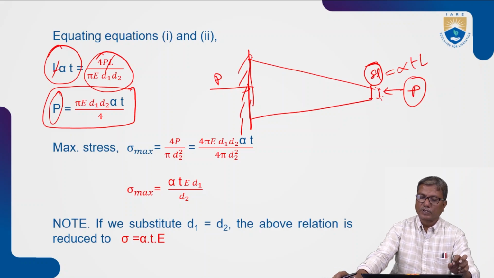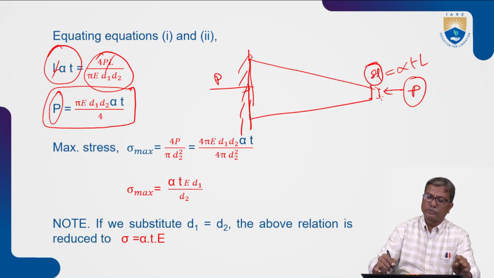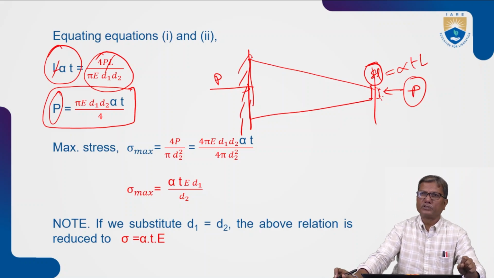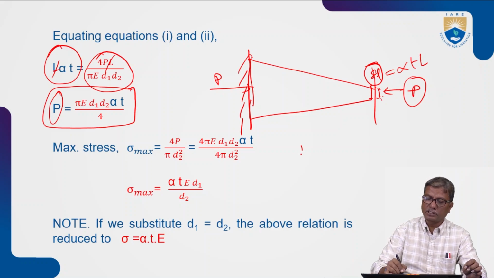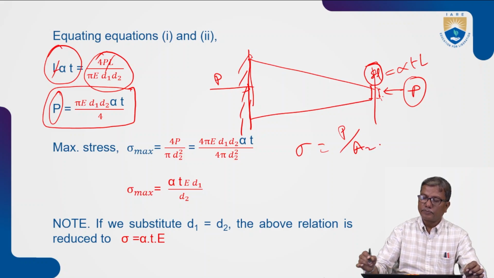So equating these two, you will get P. Knowing force P, we can find the maximum stress which will be at the cross section of minimum cross sectional area, at the end where the cross sectional area is minimum, because the stress is given as P by A. So here P by A2.